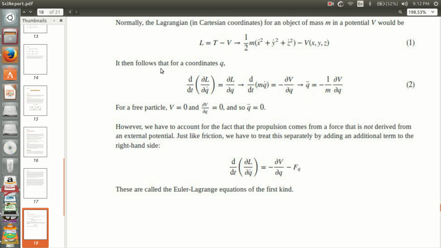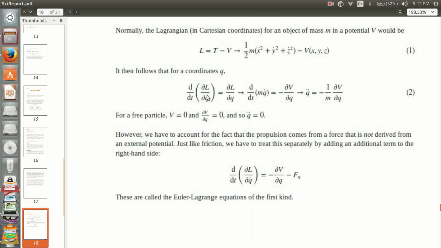So by directly using the Lagrangian equation, d/dt (∂L/∂q dot) = ∂L/∂q. Putting ∂L/∂q dot equals m q dot and differentiating with respect to time, which in turn equals minus ∂V/∂q, this term becomes q double dot, so it implies that q double dot equals minus 1/m ∂V/∂q.